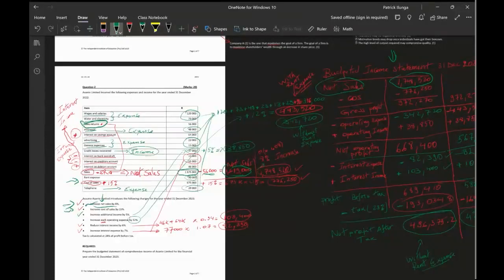Easy. This is the game you had to play. If you have sales minus cost of sales, what do you get? You get gross profit. And now, if you remember your income statement, what do you need to do for your gross profit? You need to look at the operating expenses and the operating income.